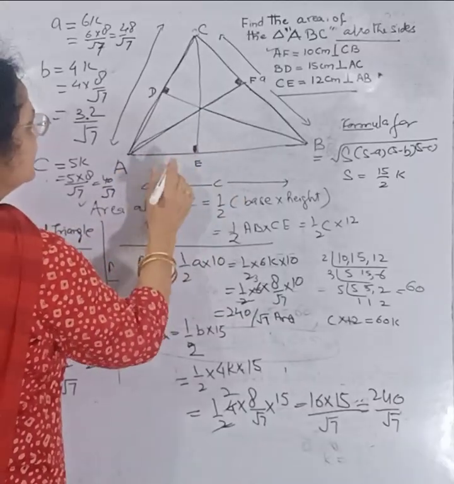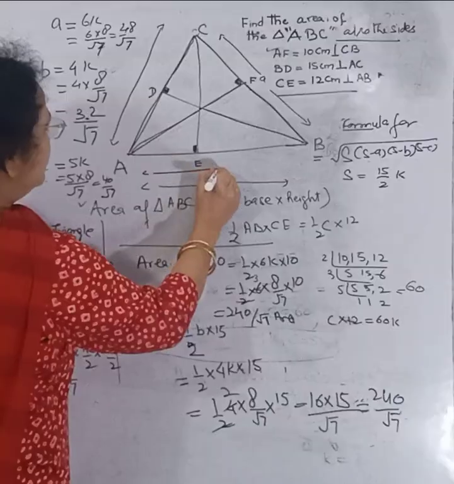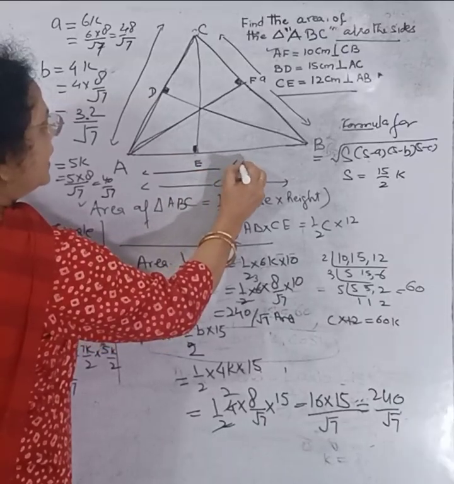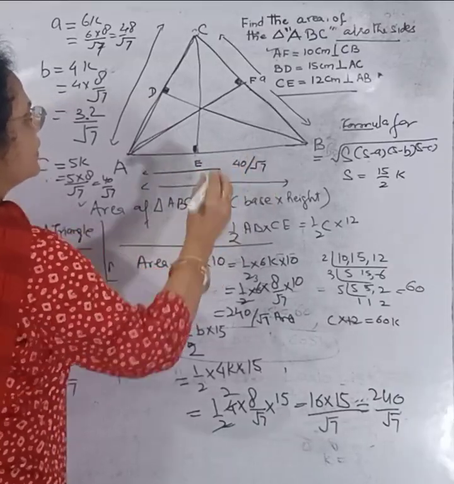This is C. The length of this side will be equal to 40 upon root 7.